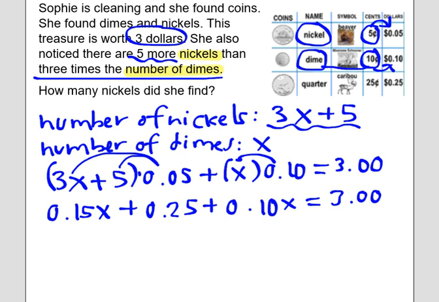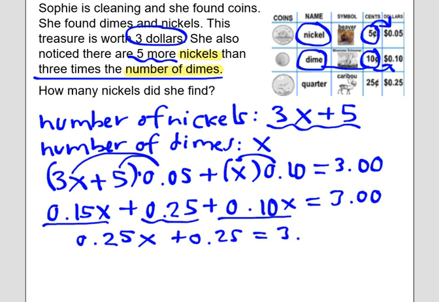Now you see that we have some x here and some x here. So let's put our x together. 0.15 plus 0.10, if we add the decimals, we get 0.25x, plus our 0.25 still stays there. So what do we have to do here? We have to get rid of our plus 0.25.